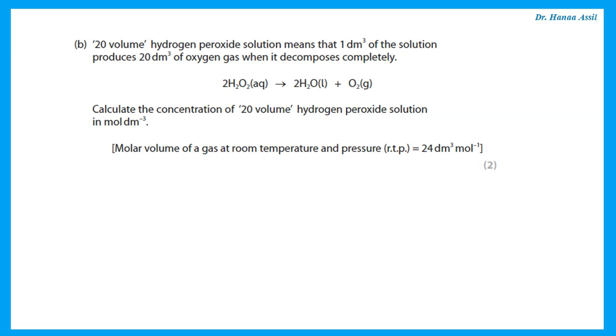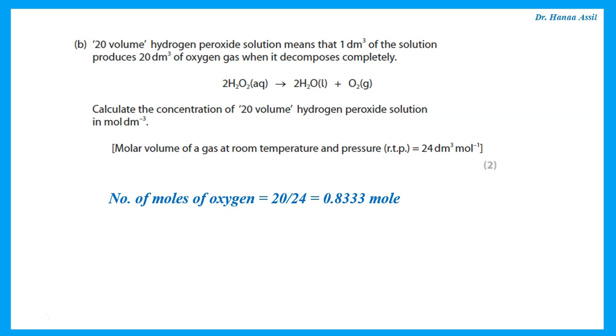So we're told that this produces 20 dm³ of oxygen gas. So we have the volume of oxygen gas. We can use that to get the number of moles. Of course, number of moles of a gas is volume over 24. So this is 20, it's already in dm³, over 24.